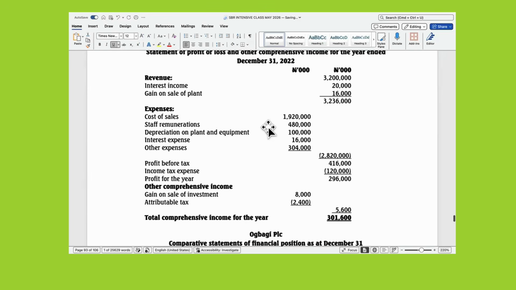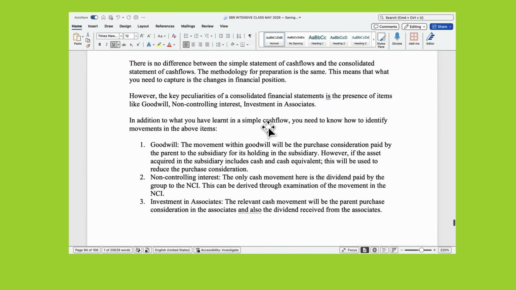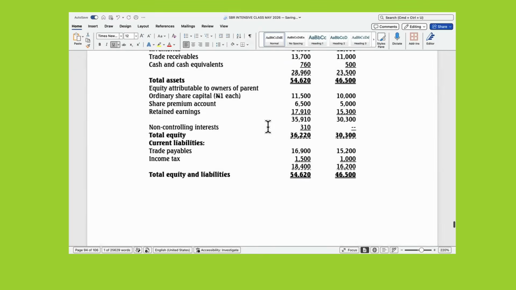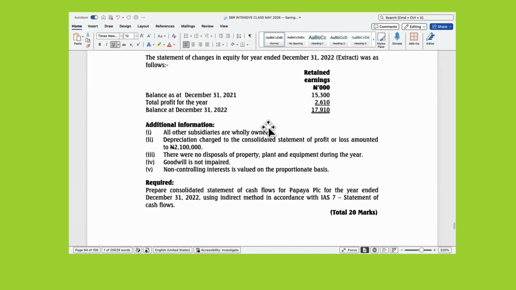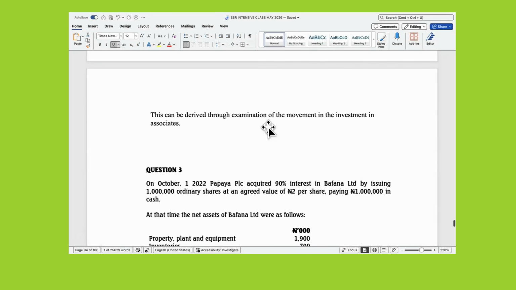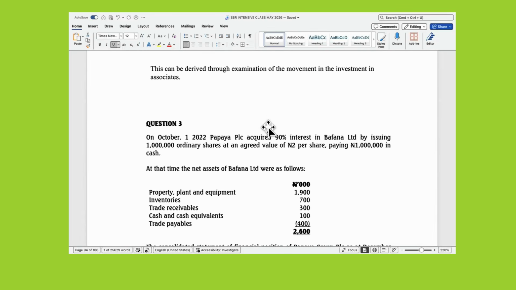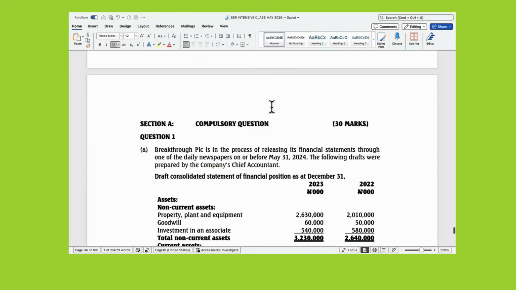Now, there's another one on direct method, but let me solve this question on consolidated cash flows that was indirect, since I just solved the question on indirect method. Let me see the second question that they asked a few days ago.